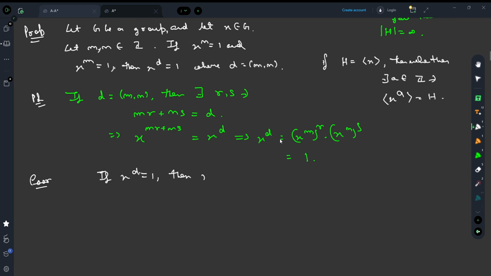Sorry, I meant to say that if x to the power d is equal to 1, then x to the power m is equal to 1, where d divides m. Yeah, now it's okay. Now we have got it. This was what I wanted to state. Okay, clear? Okay.